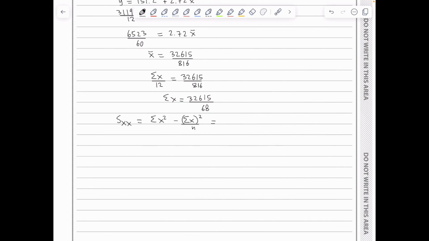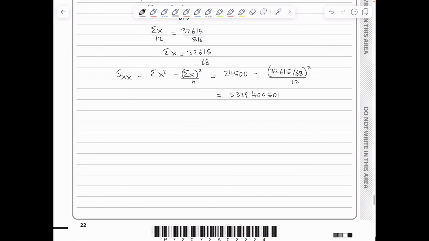So in our case, sigma x squared is given to be 24,500 minus 32,615 over 68 squared divided by 12, and this gives an answer of 5329.400501.